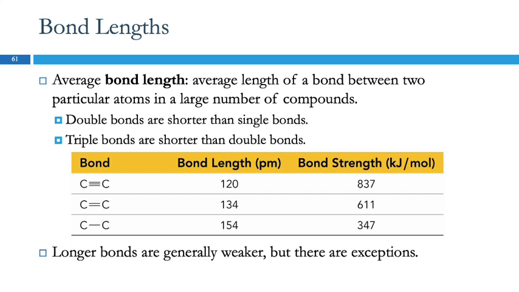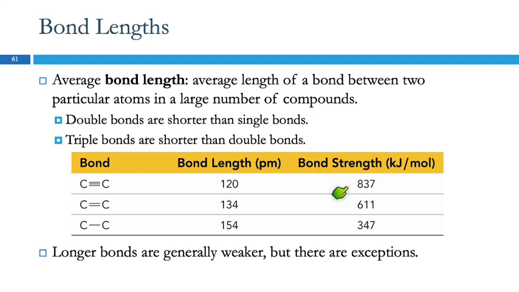Bond length and bond strength are typically related. So we were just talking about bond energies. Let's look also at bond length. An average bond length is the average length of the bond between two particular atoms in a large number of compounds. Double bonds are shorter than single, and triple bonds are shorter than double. So here we've got a little table showing the bond length from a triple to a double to a single is getting longer.